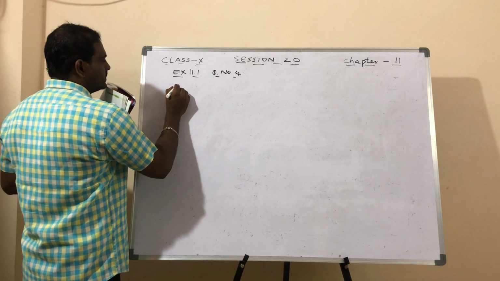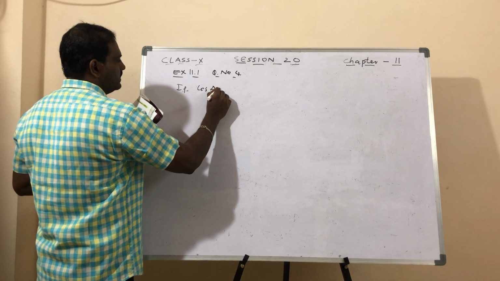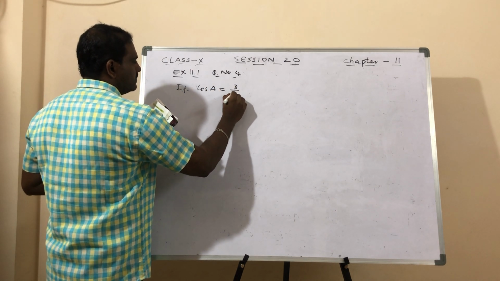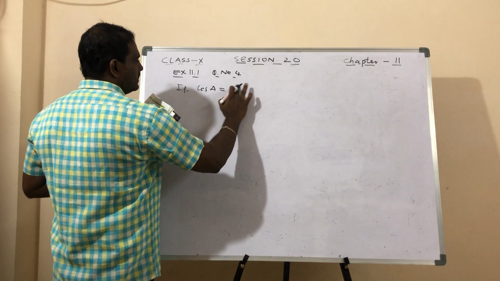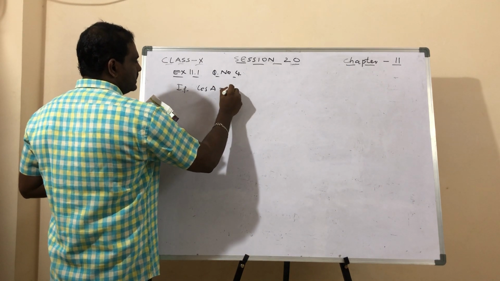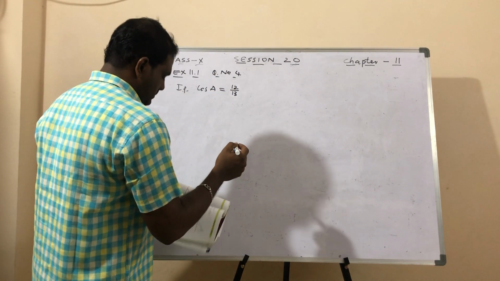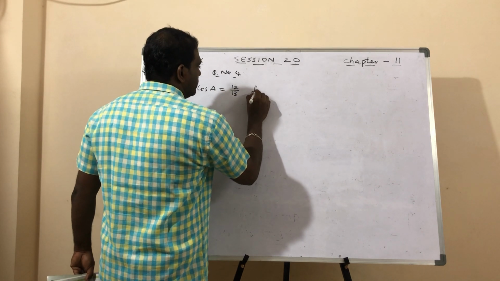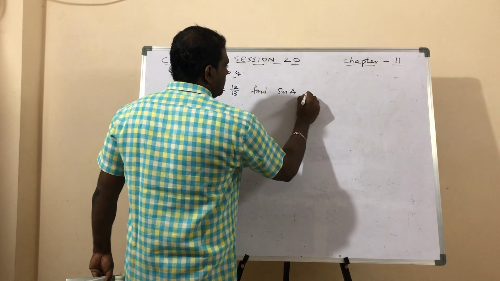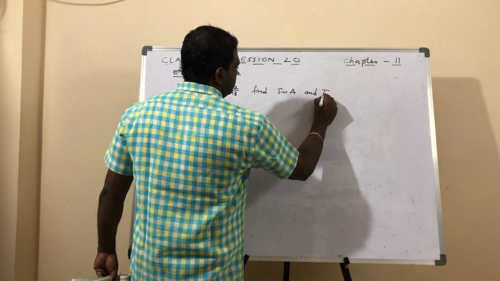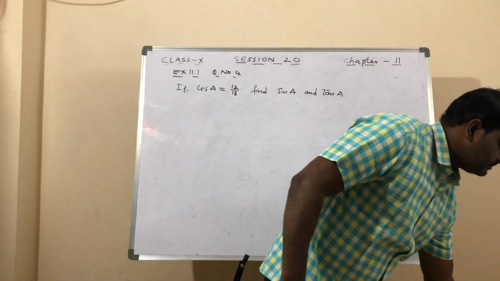If cos A is equal to 12 by 13, then find sin A and tan A. This is the question. Find sin A and tan A.